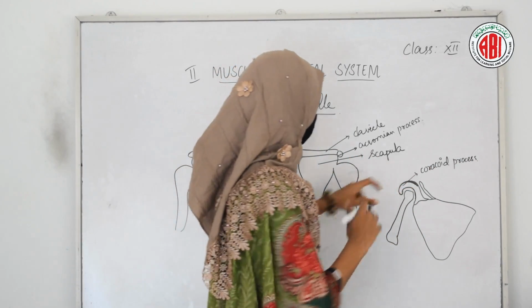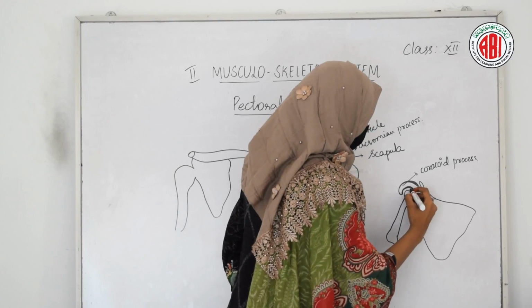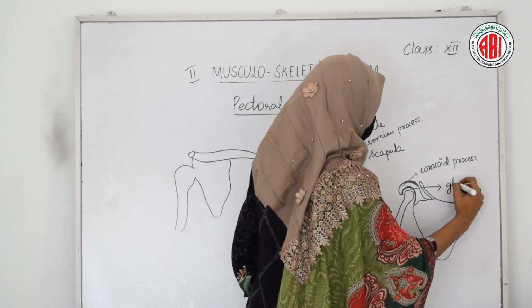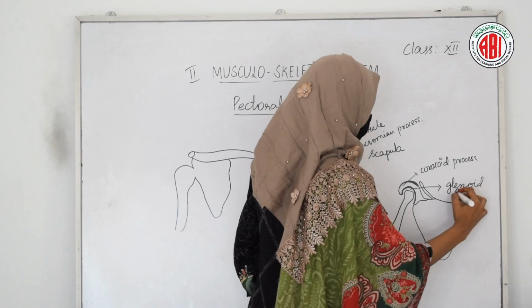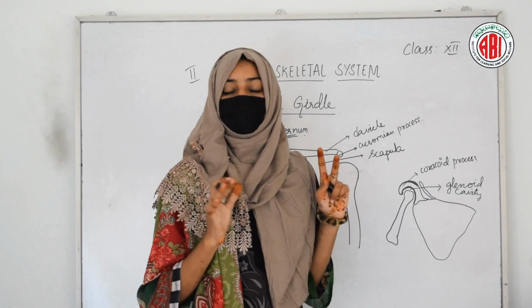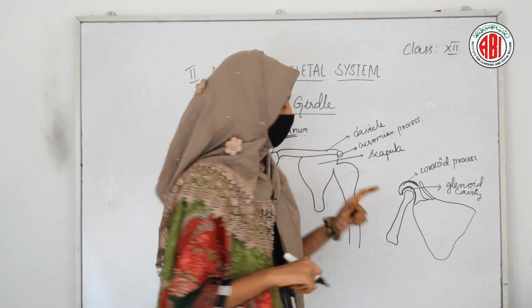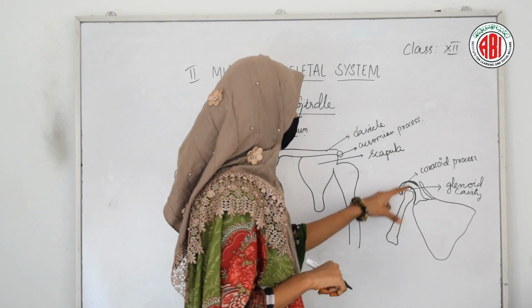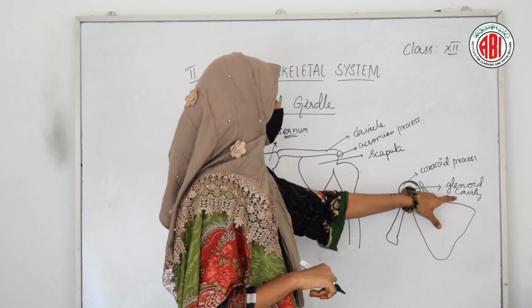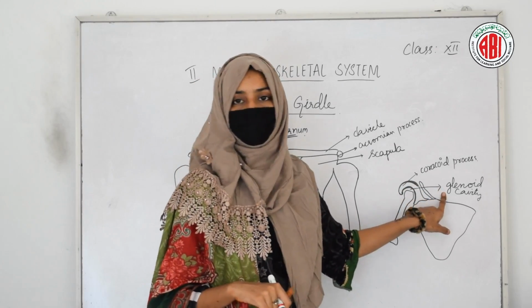In this part, one cavity is found like this. This cavity is called glenoid cavity. Now in this cavity, the bones of our arm can get fixed. The bones of our arm can get fixed into the cavity of the scapula, which is called glenoid cavity.